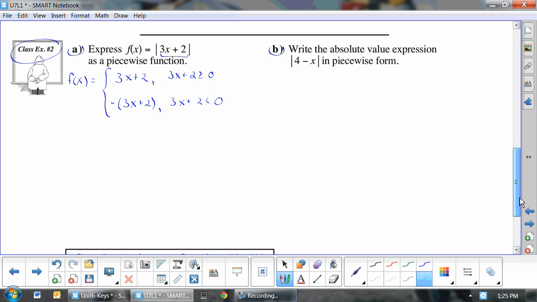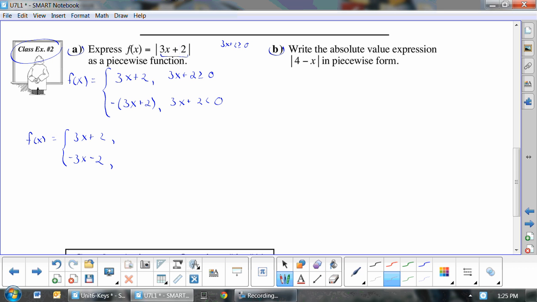Okay? But we want to simplify this a little bit, so we can go, okay, f at x is equal to 3x plus 2. And then for the negative part, I'm just going to pull that negative sign in, like that. And then for these here, we can simplify these just like we did with the other one. So we go 3x plus 2 greater than or equal to 0.